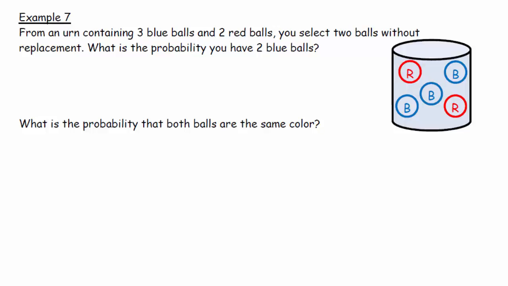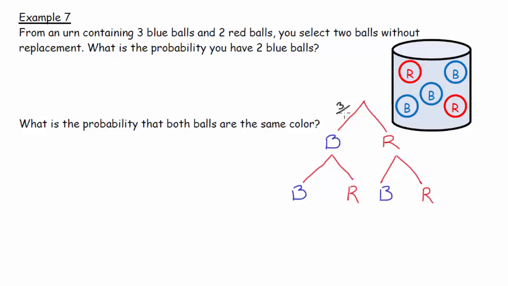What we want to do here is draw this tree diagram again. So we could have blue or red on our first draw, and then on my second I could also have blue or red. On this first selection there are 3 blue balls out of 5, so this would be 3/5.